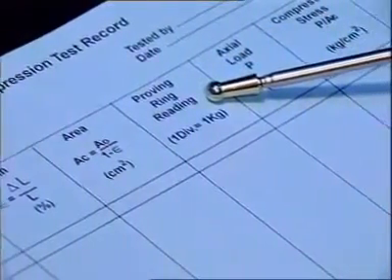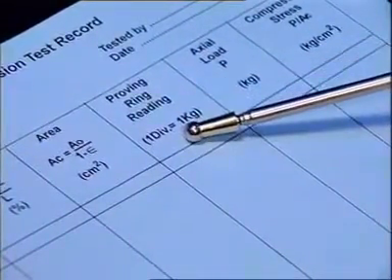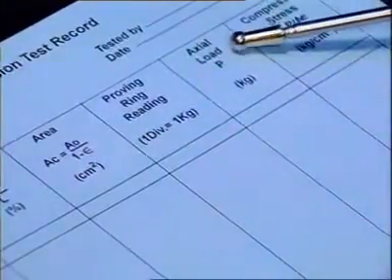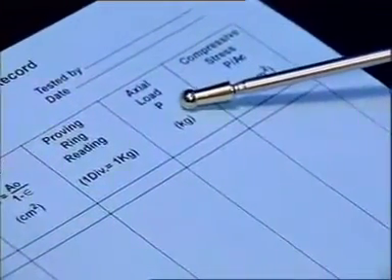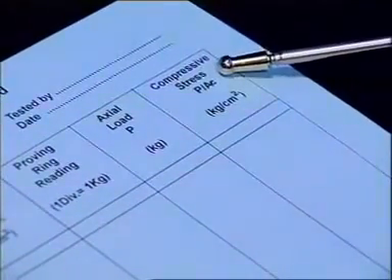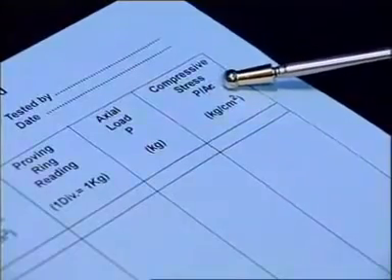In fifth column it is proving ring reading, where 1 division is equal to 1 kg. In sixth column it is axial load P. In seventh column it is compressive stress, that is equal to load divided by corrected area.